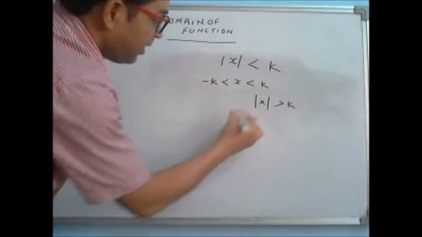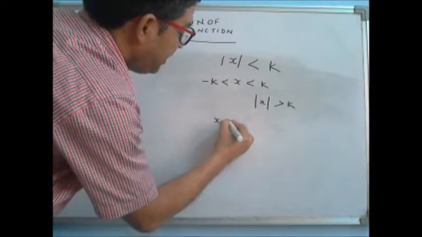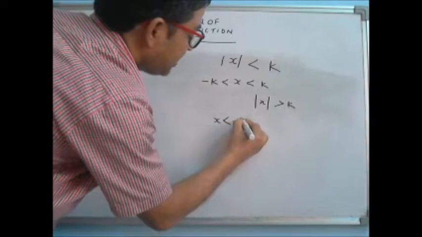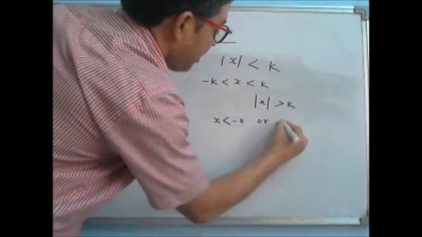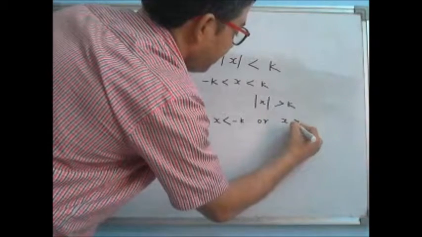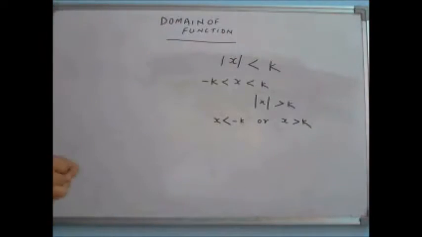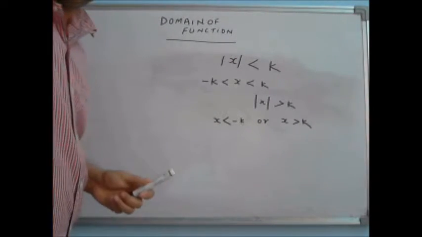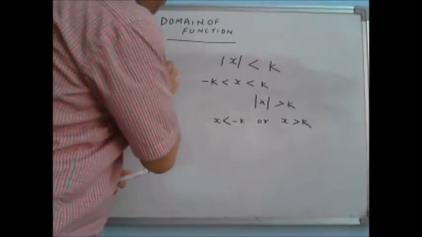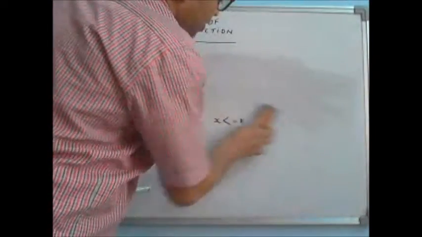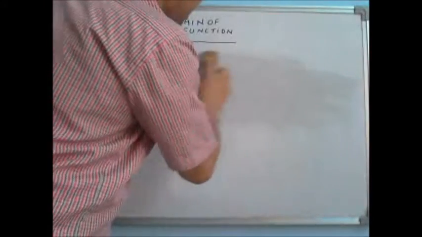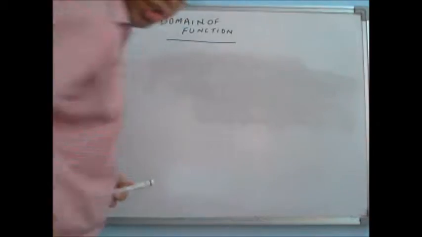What should be the value of x? x should be either less than minus k or greater than k. So keep these basic things in view while finding the domain of a function. You will easily get the domain of the function.